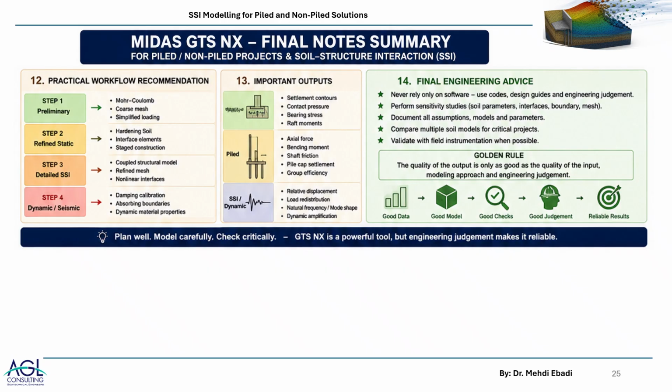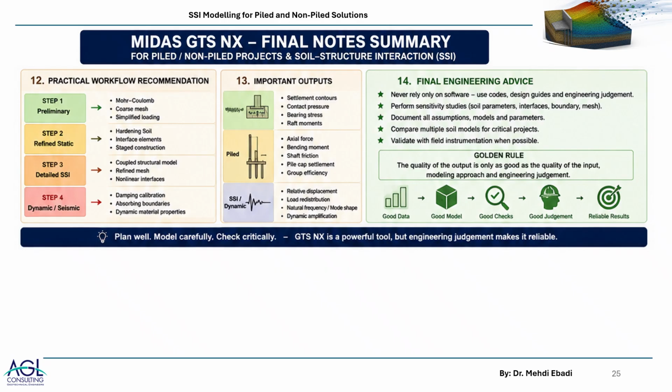In terms of stages, we usually suggest doing a preliminary model just to have some initial rough estimations of what you should expect from a model. I suggest using a linear elastic analysis for these things. Then you go to a refined static. If you want to actually get more accurate, you should do a detailed soil structure interaction with all the relevant elements.